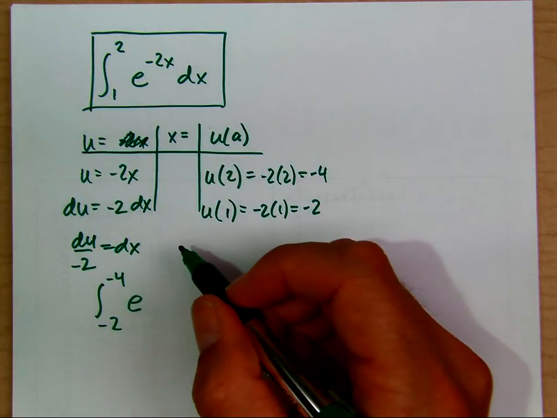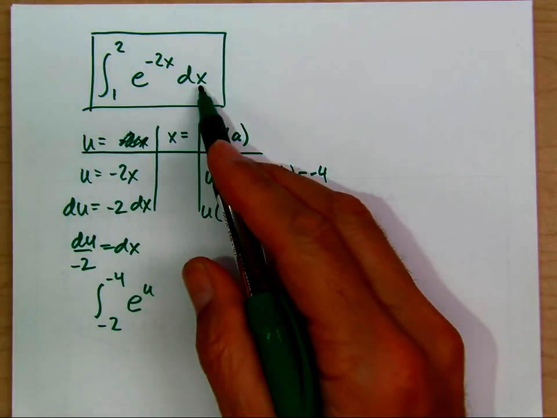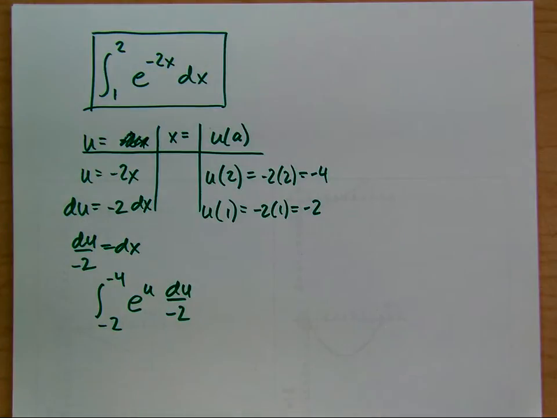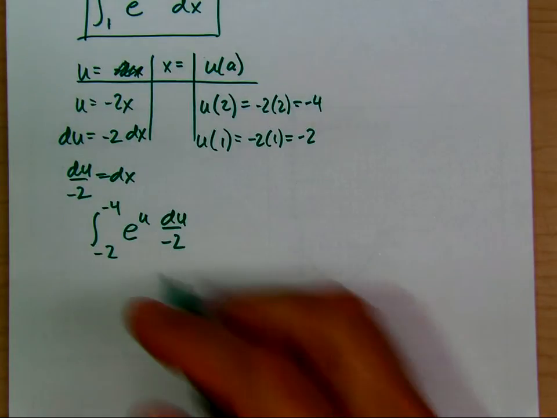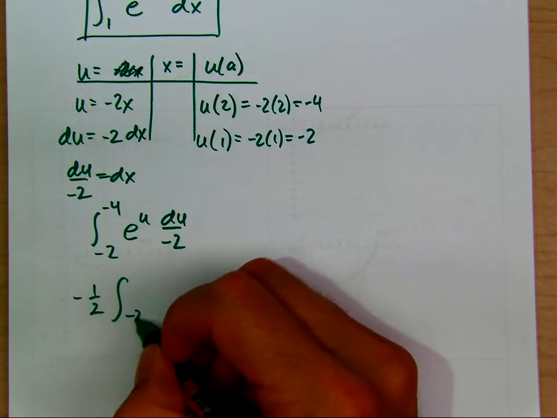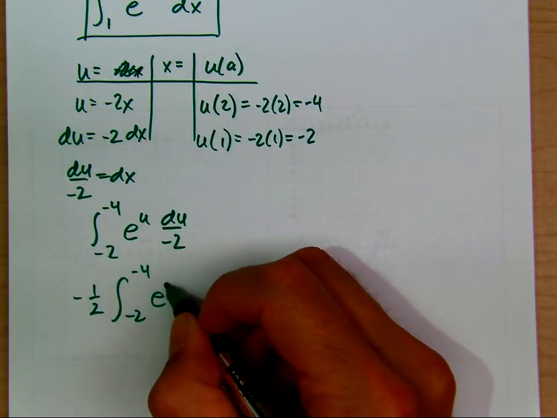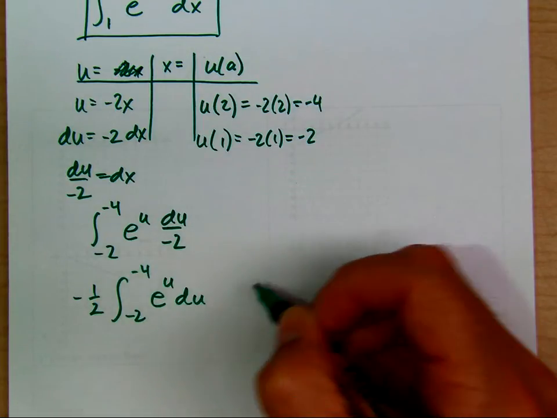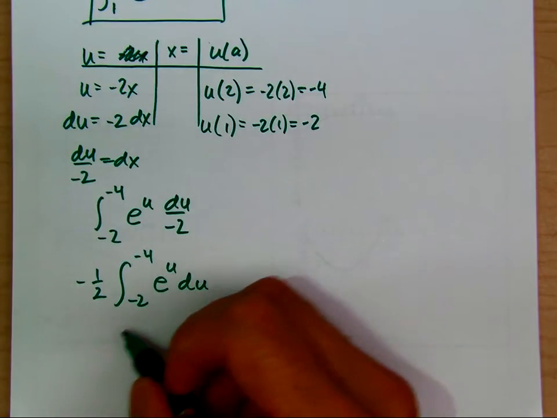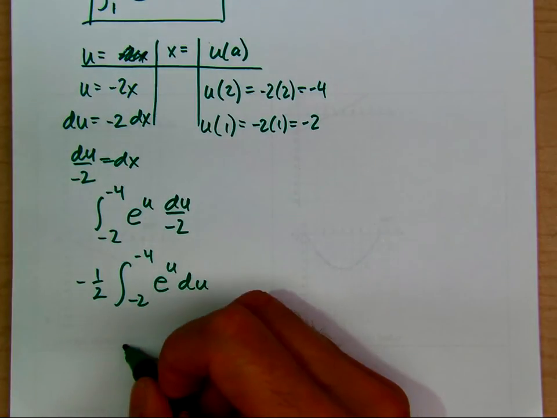E to the u, dx is du over negative 2, negative 1/2. And the antiderivative is e to the u.